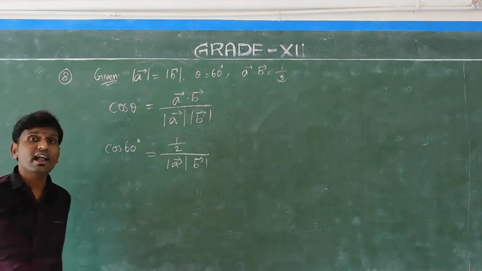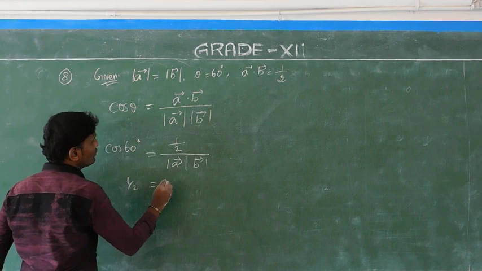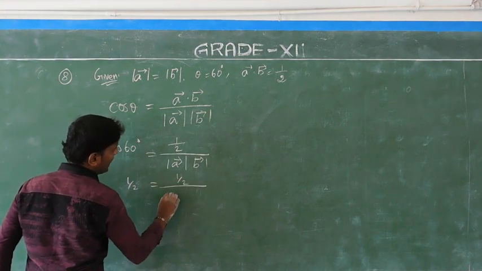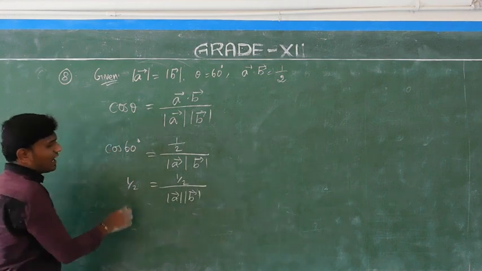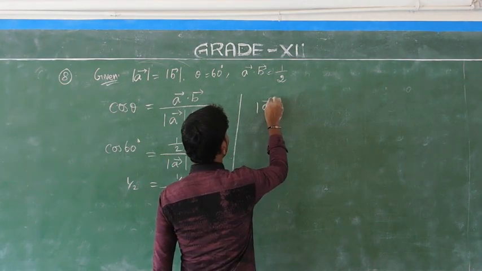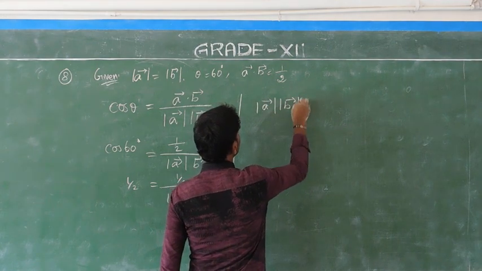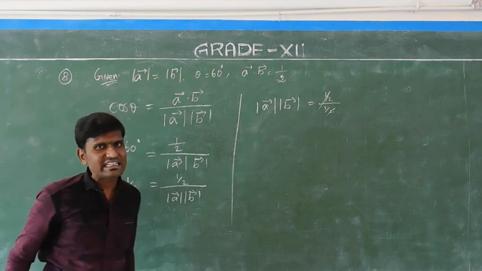The value of cos 60 is 1 by 2 only. So 1 by 2 equals 1 by 2 over modulus of a into modulus of b. Changing sides, modulus of a into modulus of b equals 1 by 2 over 1 by 2, both cancel.